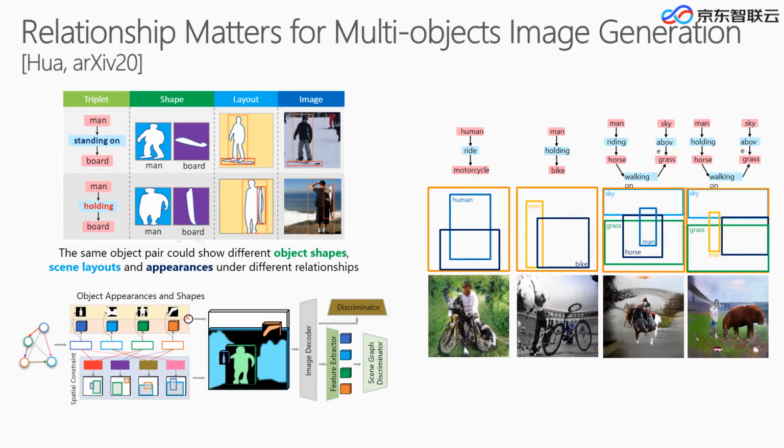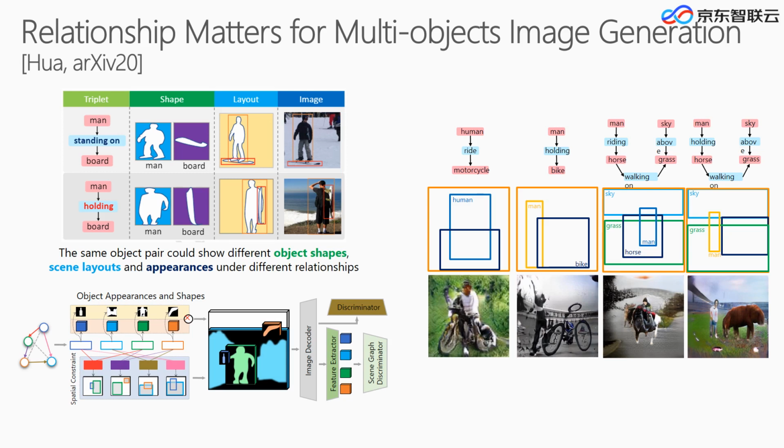In our recent work, we highlight the function of relationship for multi-object image generation. The same object pair, for example, a man and a board, could show different object shapes, scene layouts, and appearance under different relationships. Thus, we propose three modules to inject the relationship on object shapes, scene layouts, and appearance respectively.